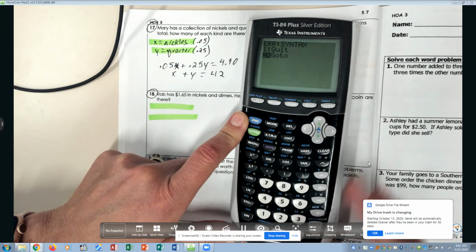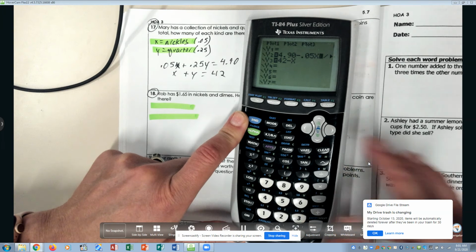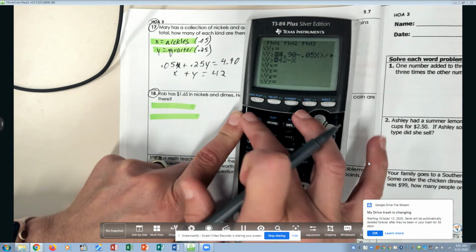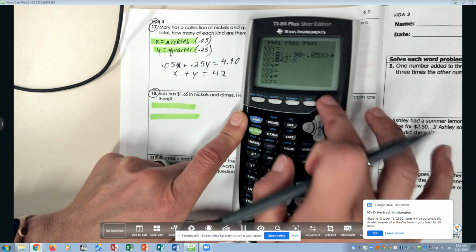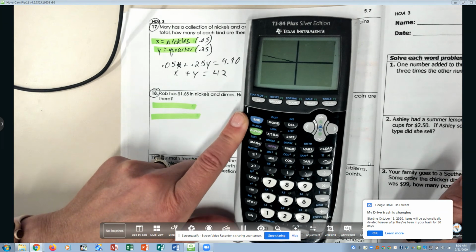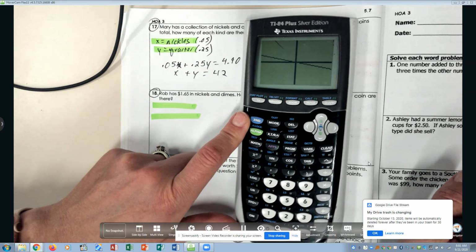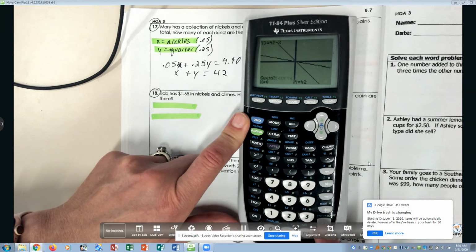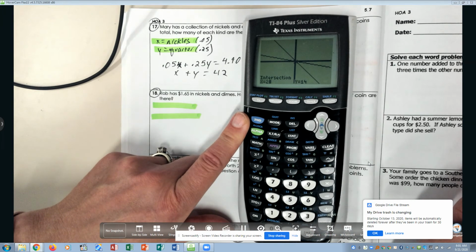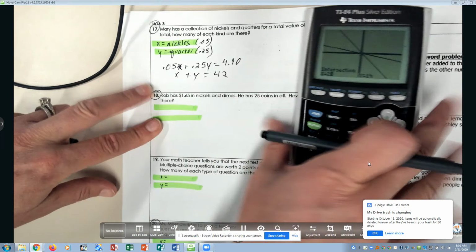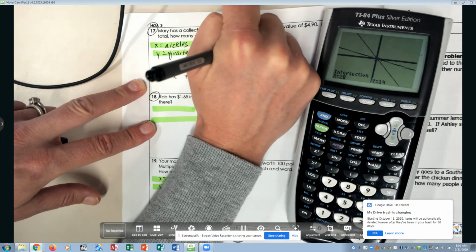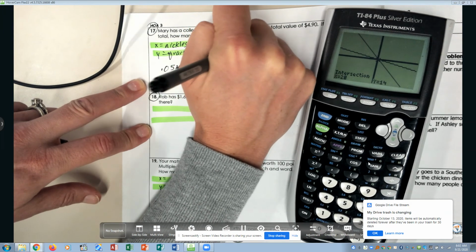Oops, I made a mistake. Oh, you know why? Because I don't have the beginning of the parentheses. Gosh, I'm making a lot of mistakes. Graph. All right, second calc, 5, enter, enter, enter. 28 nickels and 14 dimes. So 28 nickels, 14 dimes.